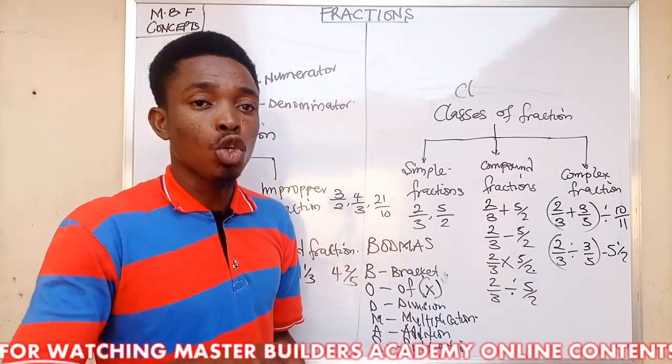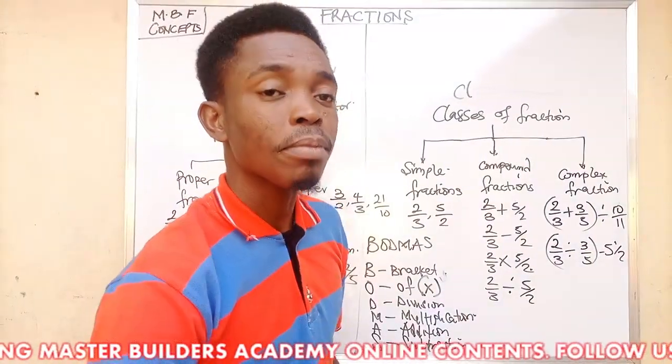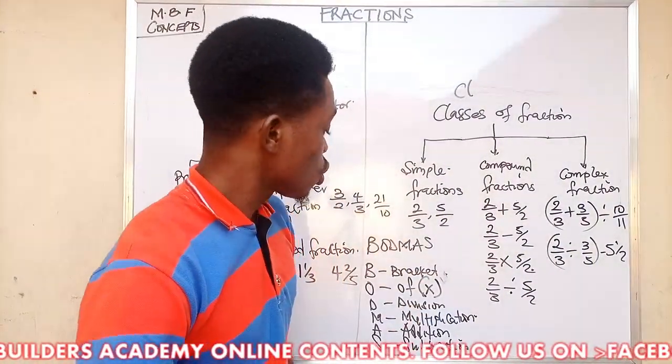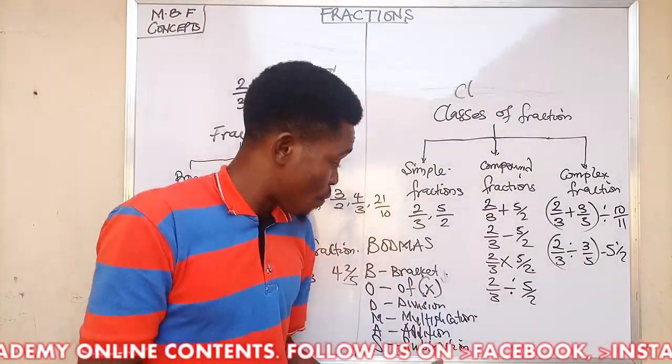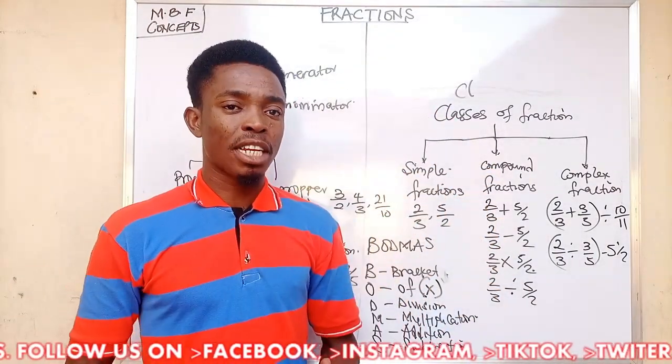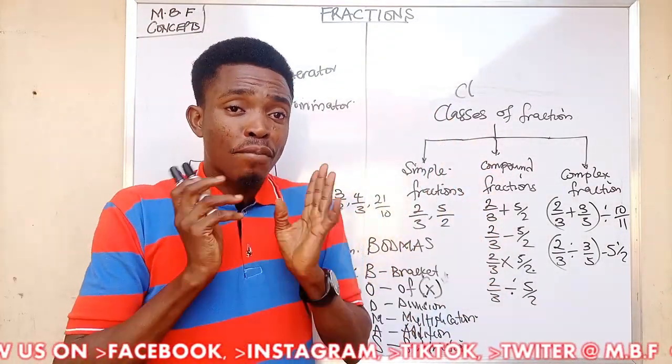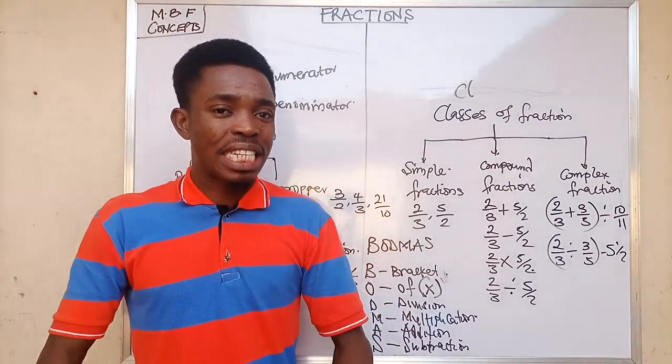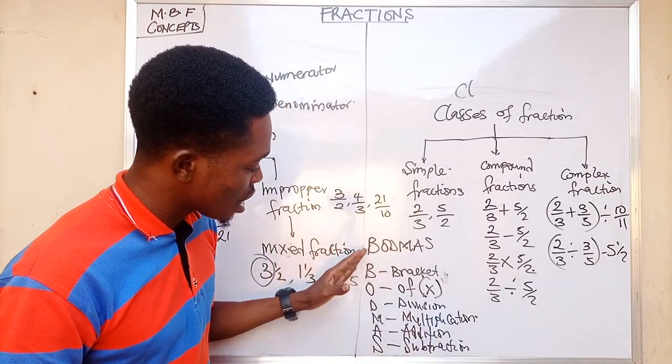O simply stands for of and is another word for multiplication. So when you have a fraction where of is present, you must treat of before you get to division. And afterwards, the next thing you do is the division. So you must follow this sequentially.